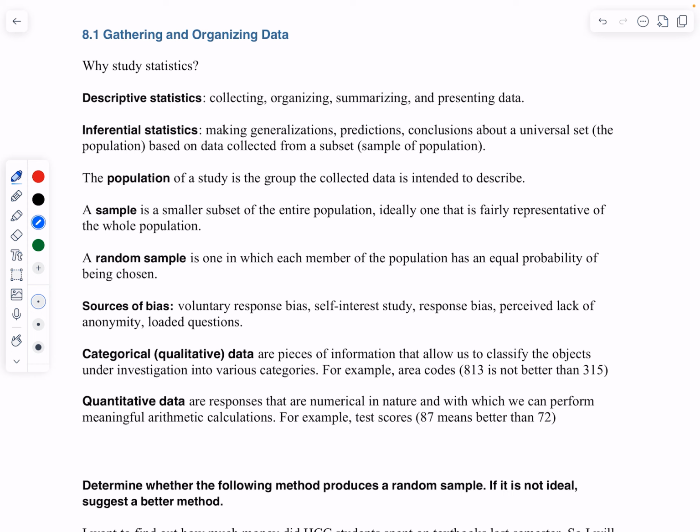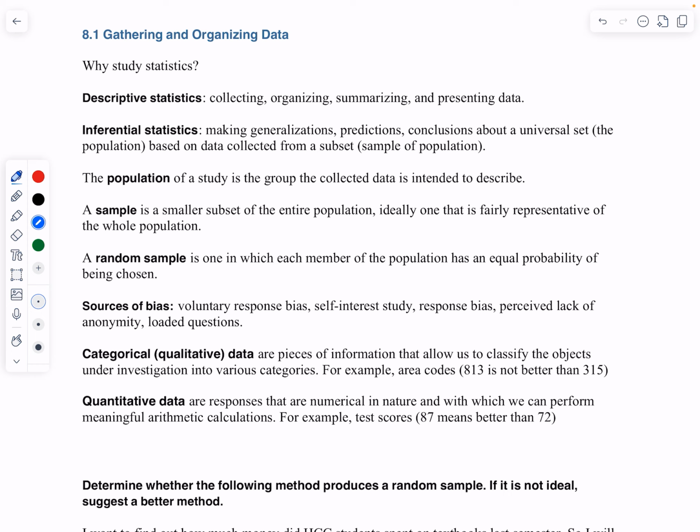Inferential stats would be, there's some political poll and it'll say that so-and-so is receiving political favor, maybe at 47%. Well, that's a sample of the population.